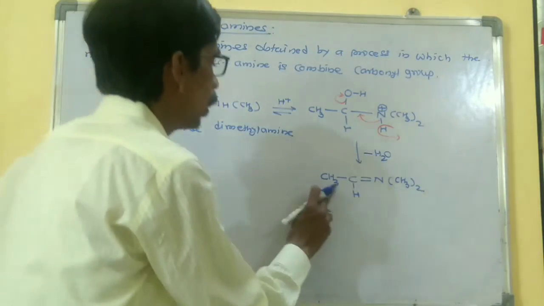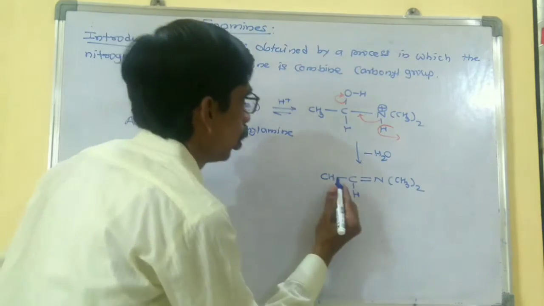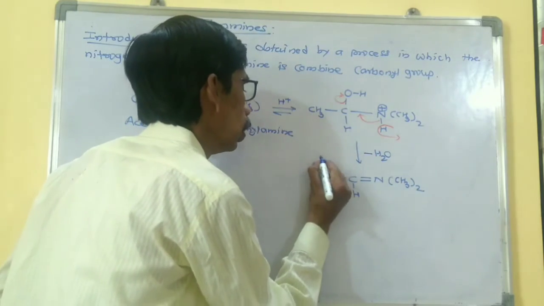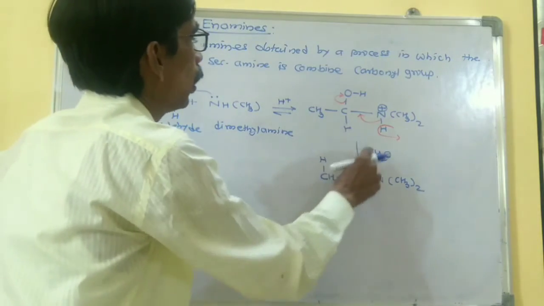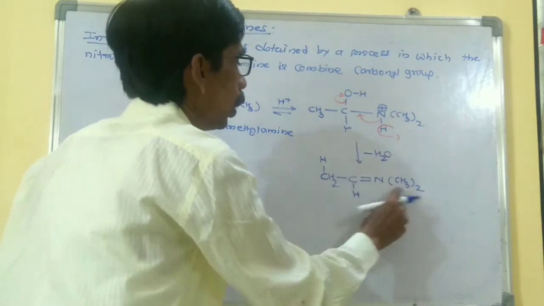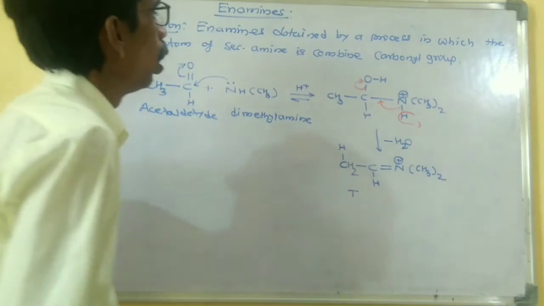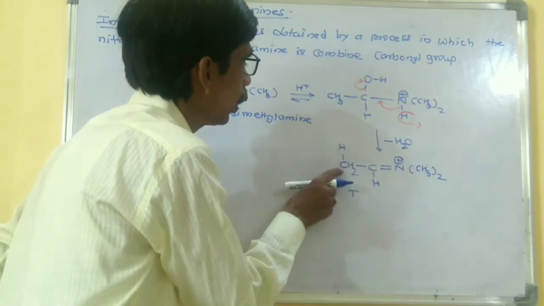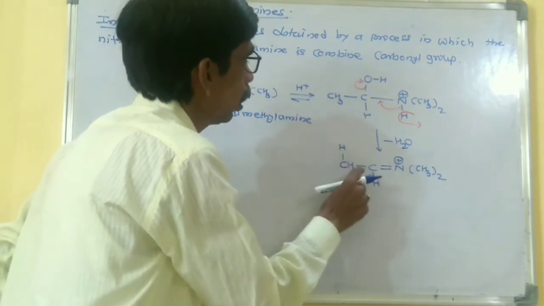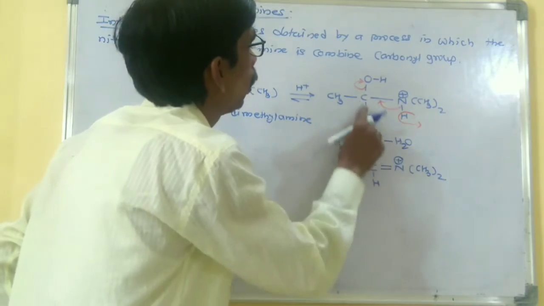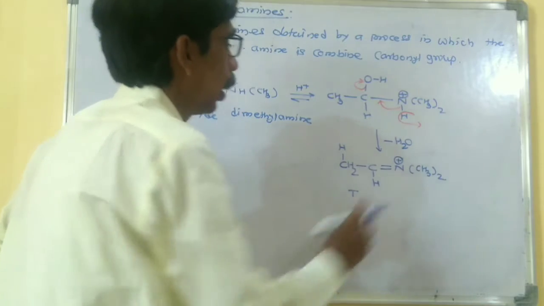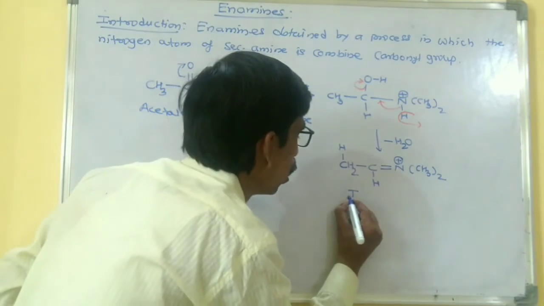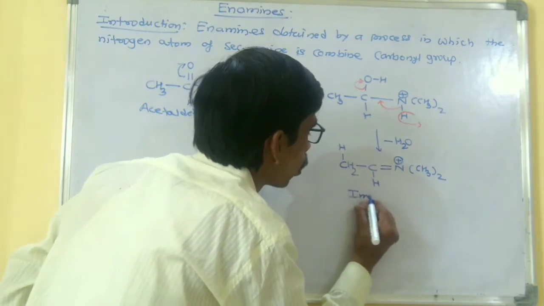Now we can write this like this: CH3, CH, double bond N, with CH3 taken twice. So this is the iminium salt.